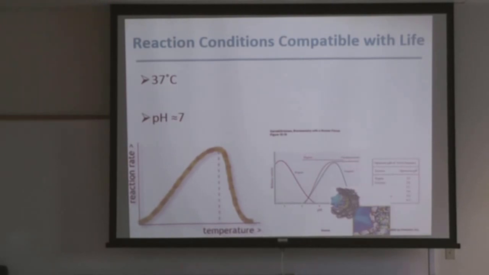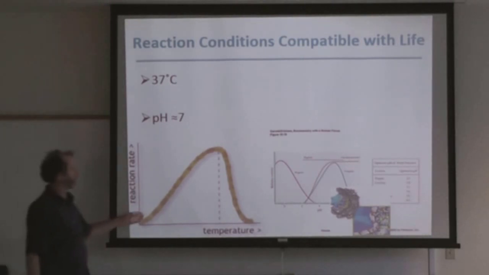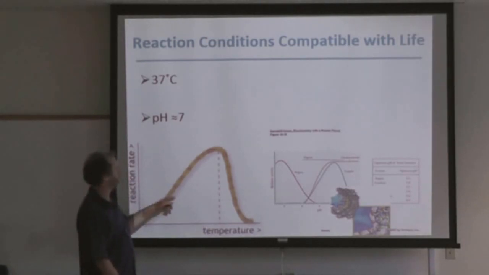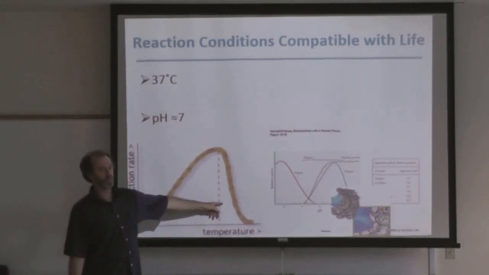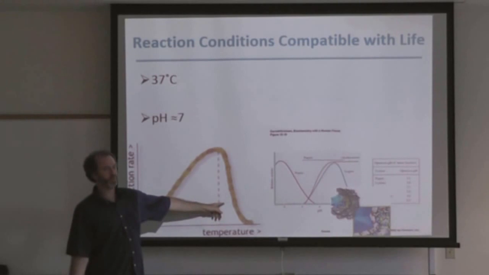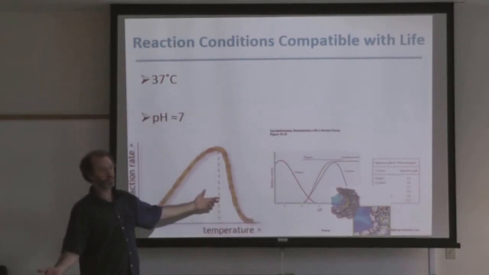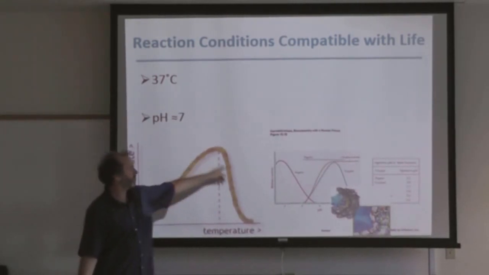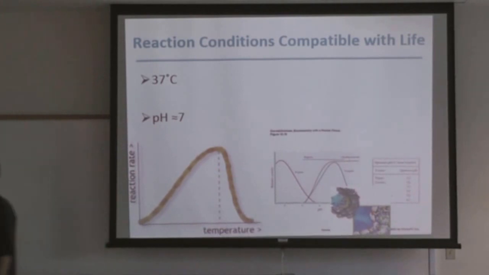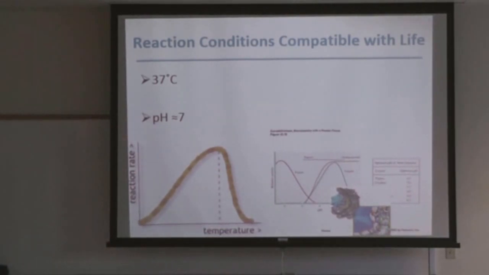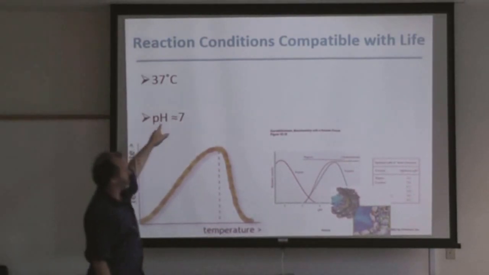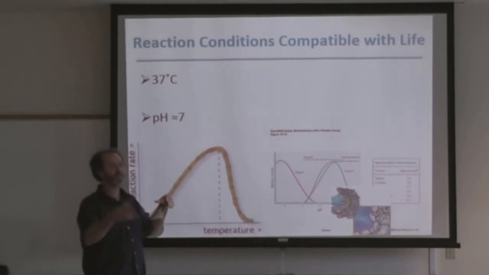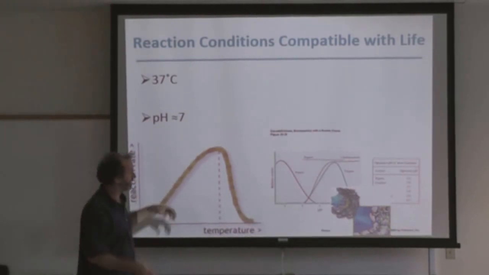So that's how you speed up the reaction. But why can't you keep speeding up the reaction as you increase the temperature with an enzyme? What happens as you increase the temperature? The enzymes are proteins. Yeah, the enzyme unfolds and you lose that activity. Same thing for pH. A lot of enzymes have a specific pH that they work best at.